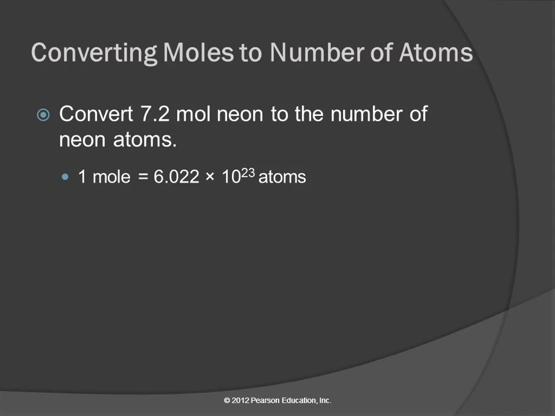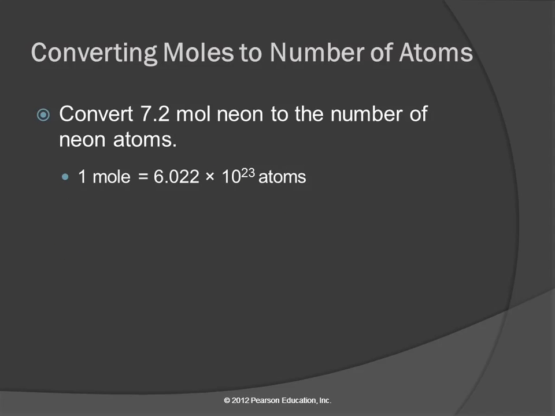So let's do a couple of problems here. Let's practice converting moles to number of atoms. So convert 7.2 moles of neon to the number of neon atoms. So when you see mole, think, oh, that's like a dozen. And here I've given you that relationship just in case you've forgotten.